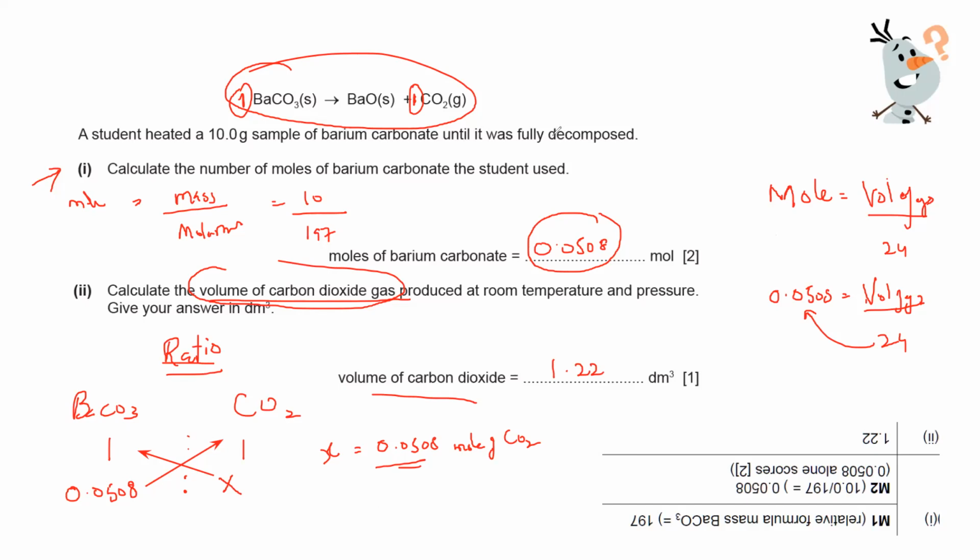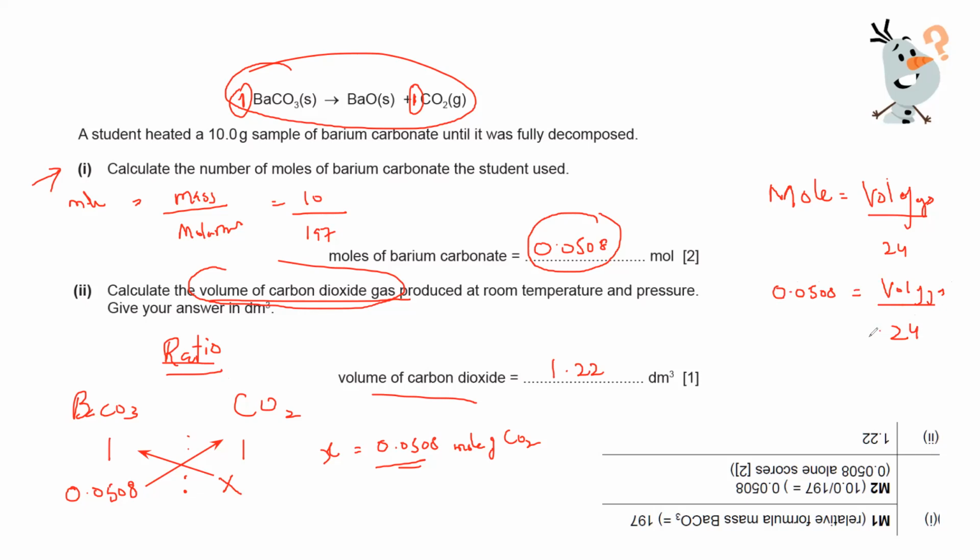How did I get 1.22? As you can see, the main question is to find the volume, but we can use the ratio to get the moles. So after getting the moles of carbon dioxide, we need the volume. Moles of carbon dioxide are 0.0508. Volume of gas, or volume of carbon dioxide we are finding, divided by 24.